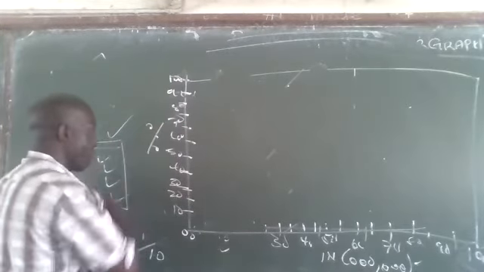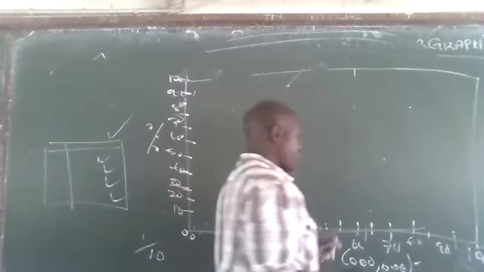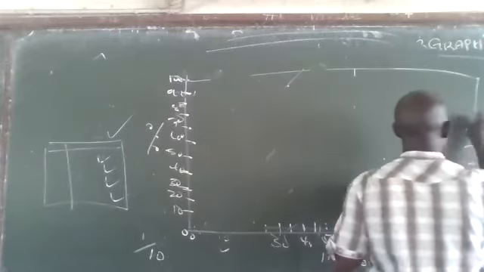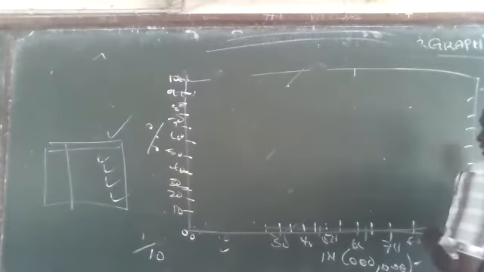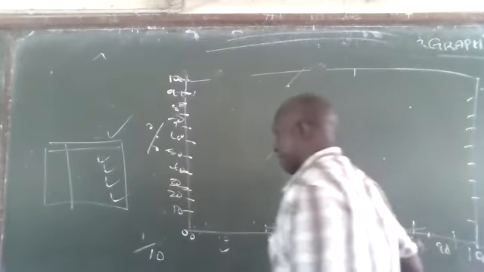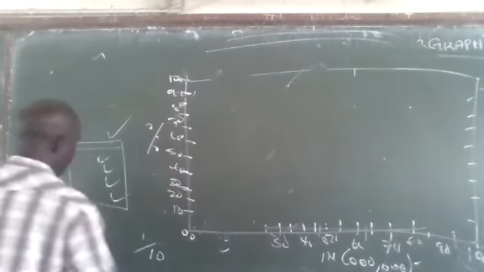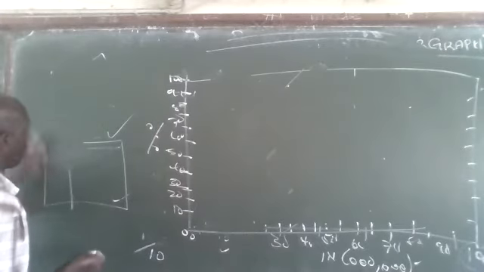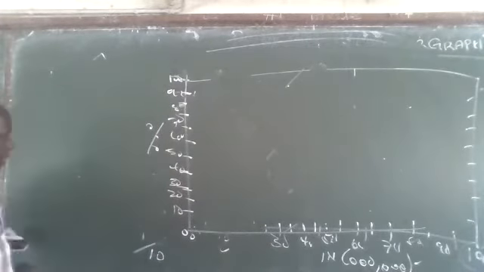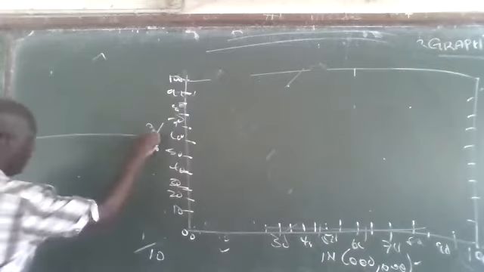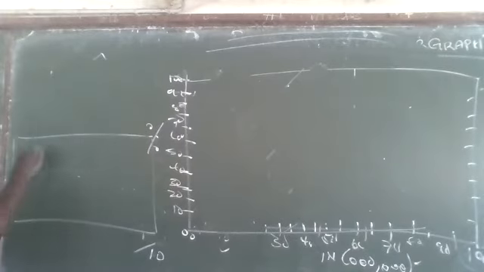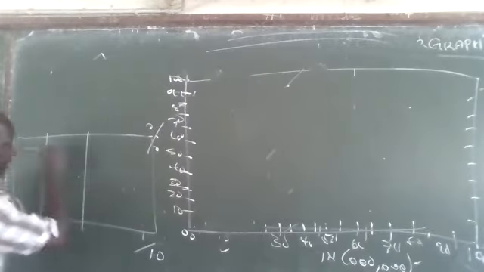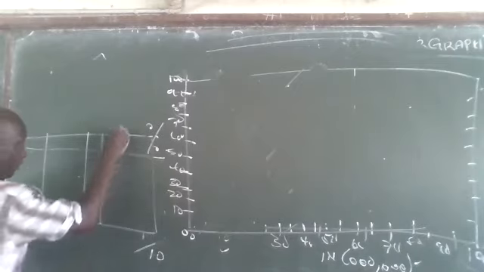These are always indicated to you by the setters, where we shall have them in percentages, and it is only these that are always the bigger values. Therefore, the bigger values will always be used for the horizontal, while the percentage values will only be used for the vertical.